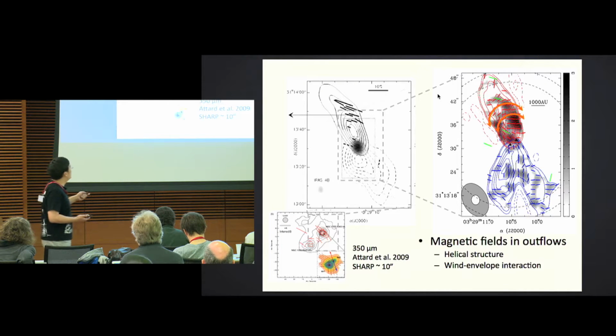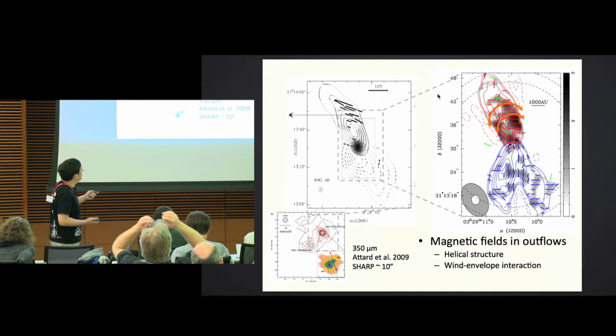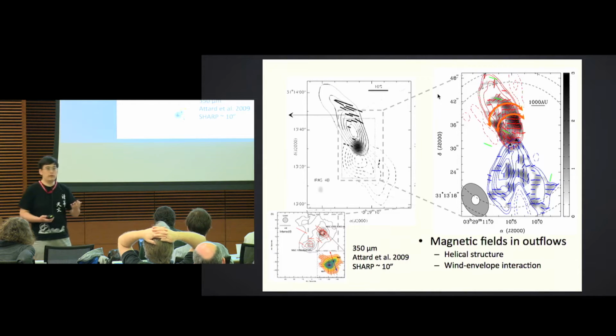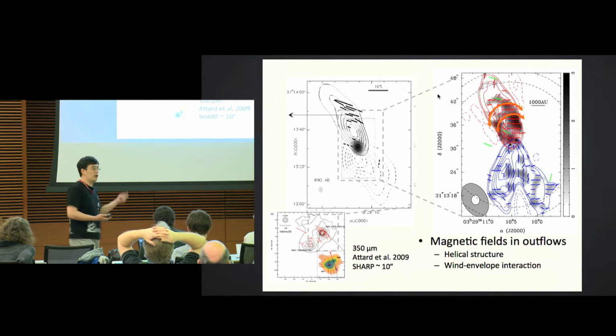And here, compared to the CO 2-1 polarization, we have one vector here perfectly matched between CO 2-1 polarization in the green vector and our CO 3-2 polarization in red. So it shows that the magnetic field we revealed here is truly the magnetic field of the outflow. It is not of the envelope, it is not of the jet.